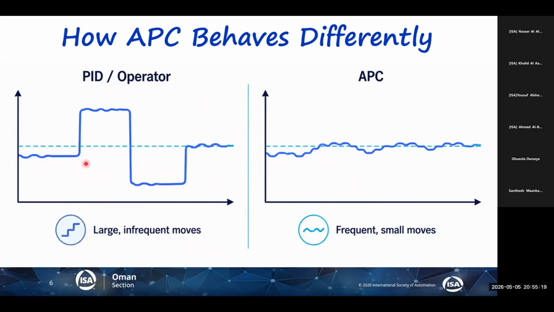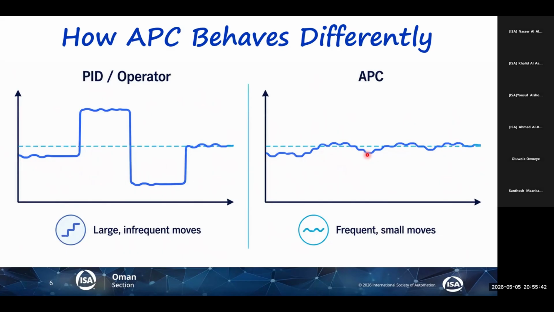The process variable: it's not frequent, usually large moves by the human being. When advanced process control is on, it's more baby steps. It's like orchestrated steps, coordinated steps, much smoother.